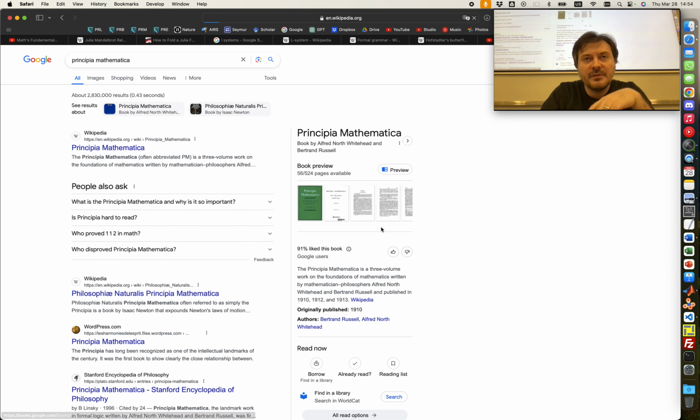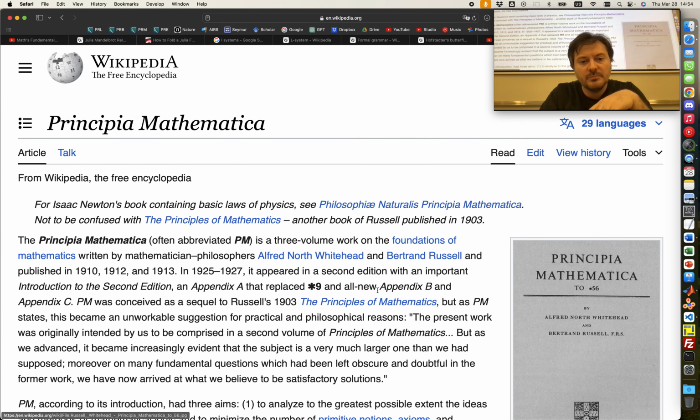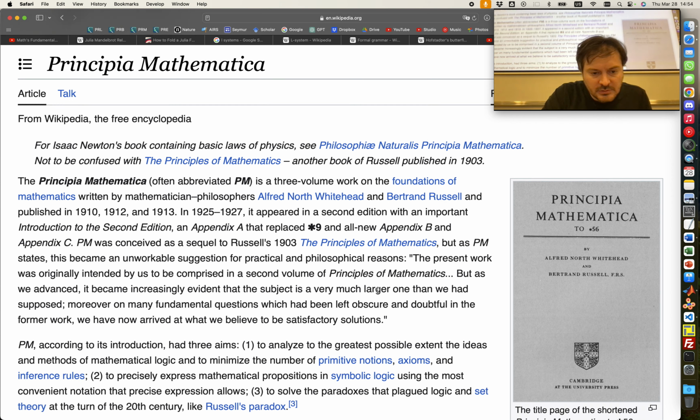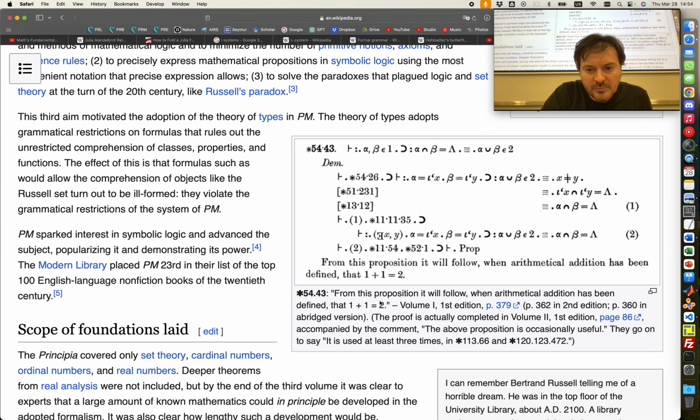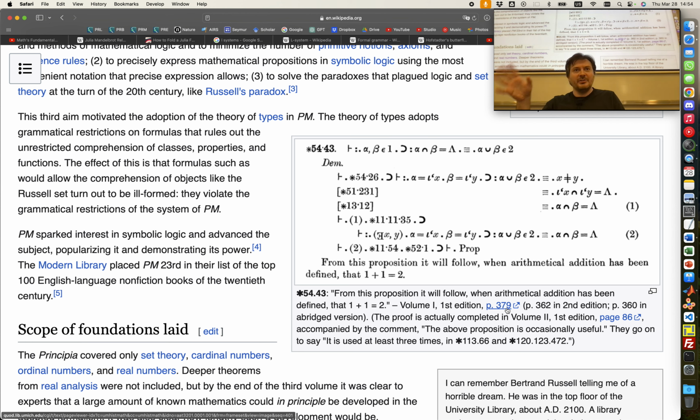And the aim of this book is to start from the very basic axioms and just use rewriting, pure logic, and go to all the places possible in mathematics. Do you know when they reach 1 plus 1? Page 379. After 370 pages, they reach a proposition which is 1 plus 1 equals 2.